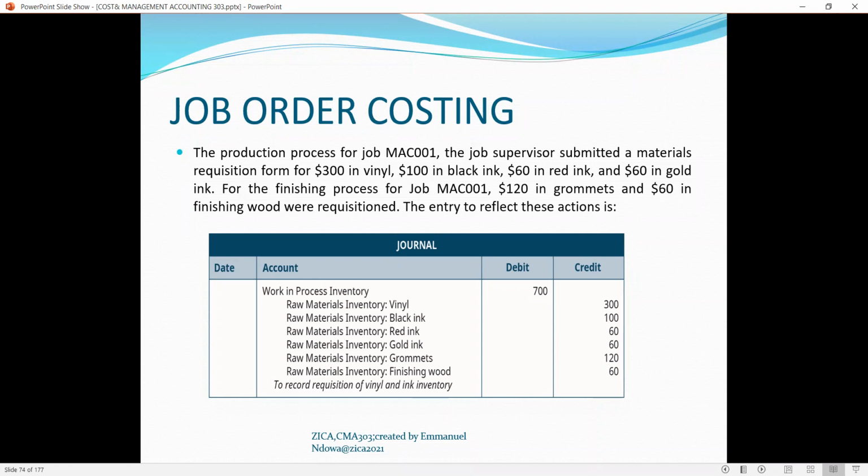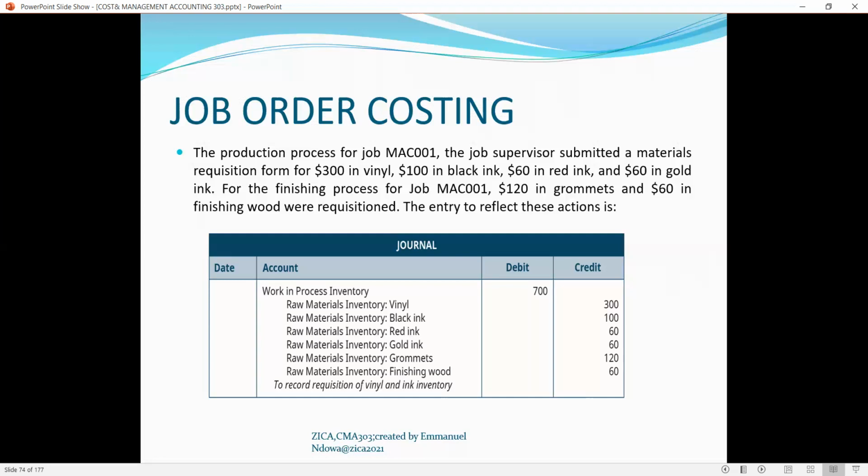120 in garments and 60 in finishing wood were requested. The entry to reflect these actions is, so you can actually see that these are the accounts that are giving the materials that have been requested by the supervisor. So you then need to credit $300, the vinyl that is being requested, because it is the account giving from the warehouse to the production unit.